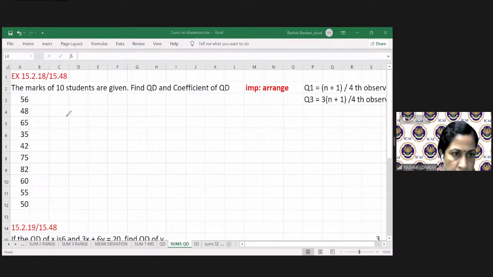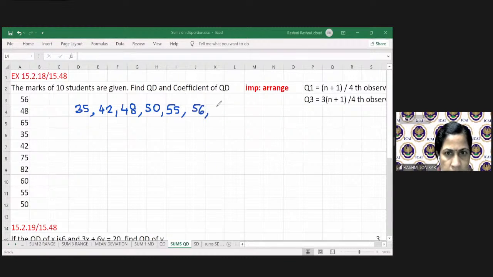So what is the least number? I think it is 35, then 42, then 48, then what is the number? 50, then 55, 56, 60, 65, then I have 75 and 82.